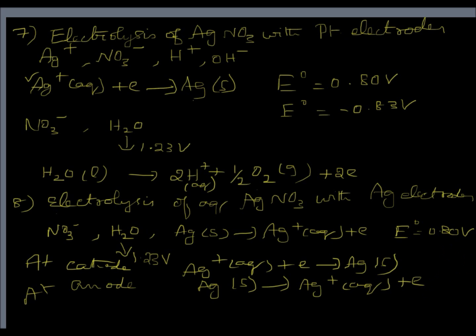So whenever you have the electrolysis of any electrolyte with the same metal as that of the electrolyte, the reactions are going to be like this only. That is, the cations of the electrolyte getting discharged at the cathode as atoms, and the same atoms from the anode material going into solution as ions. That would be the same.